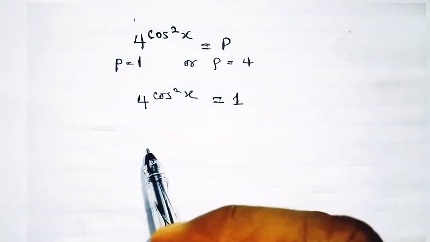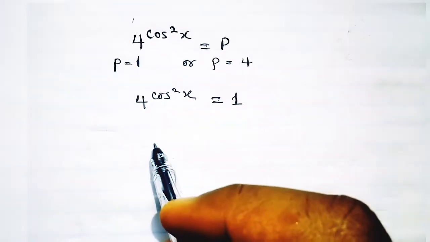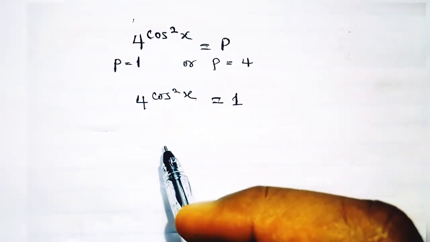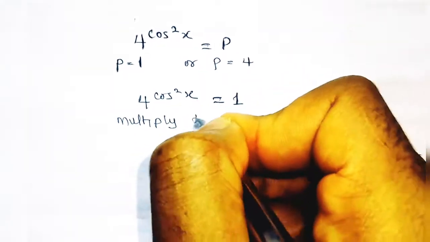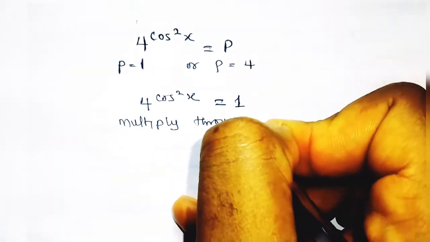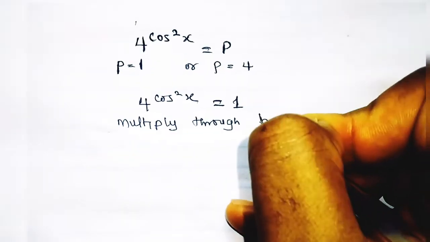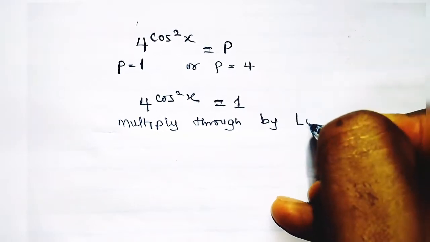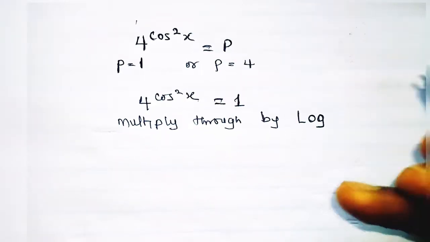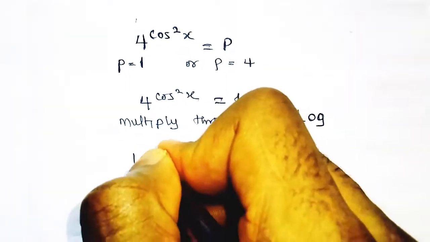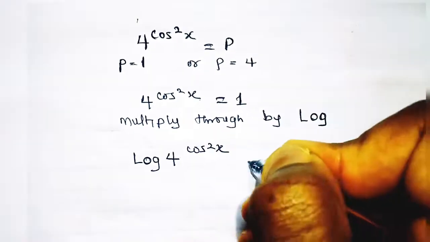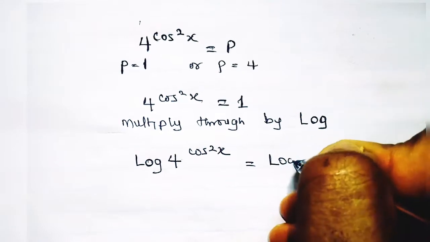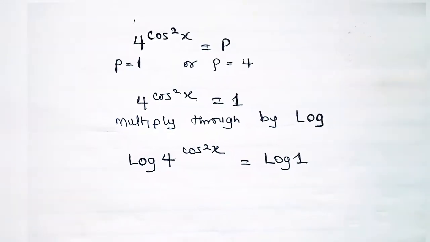Then what am I going to do right here? So I can say let's multiply it through by log. We're having log 4 cos square x equals log 1, right?